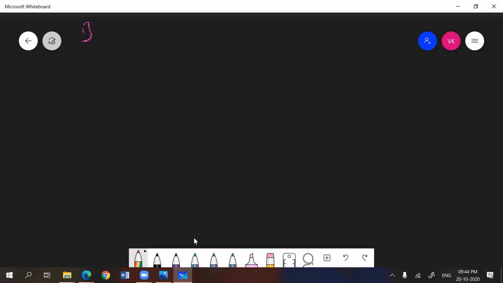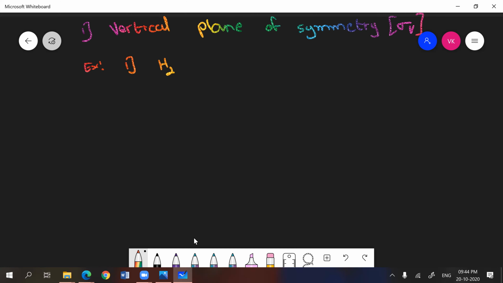First one, vertical plane of symmetry. Already I told you it is indicated with sigma V. For example, the first molecule I am going to take to explain this is water.